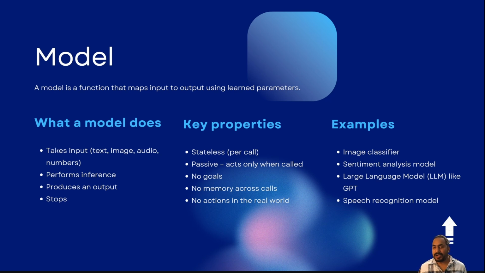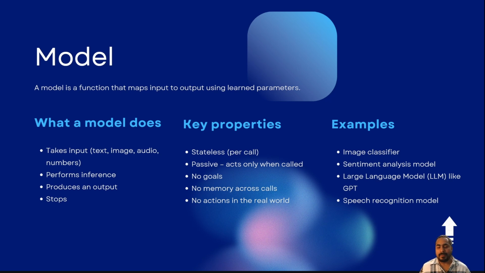Let's be very clear about what a model cannot do by itself. A model cannot take multiple steps. Ask it to plan a trip, book flights, and make reservations. It can output text describing those things, but it can't actually do them. A model cannot use tools. It can't browse the web, run code, access databases, or send emails. It can only generate text.